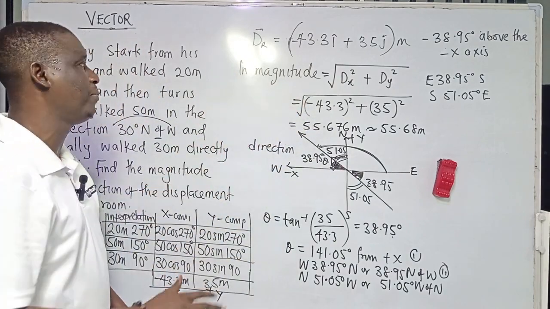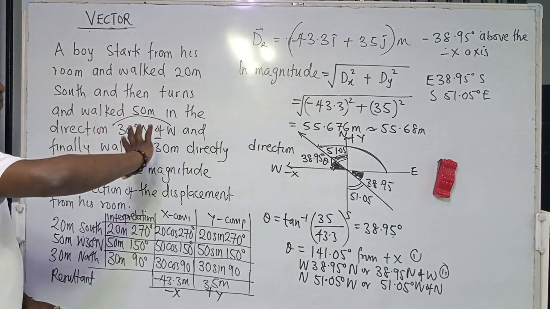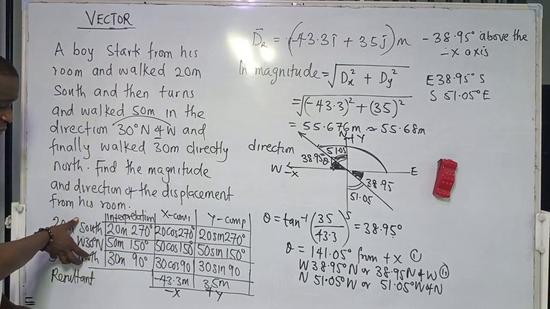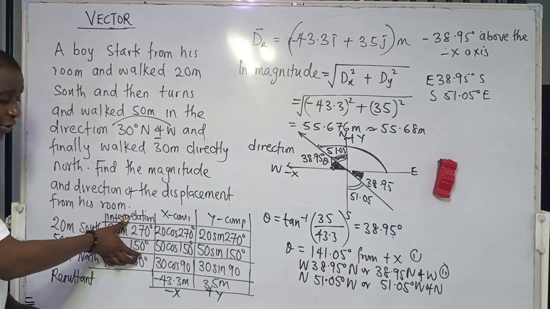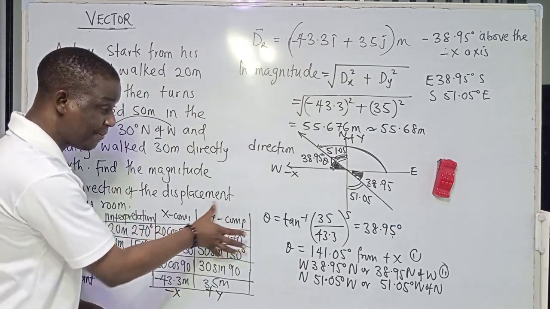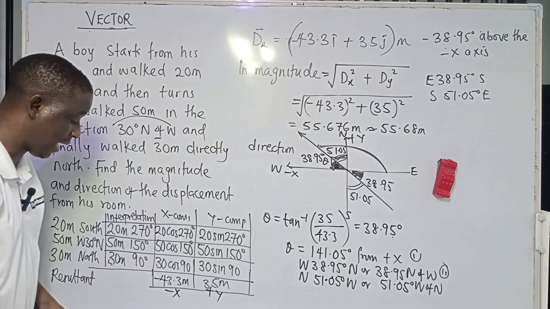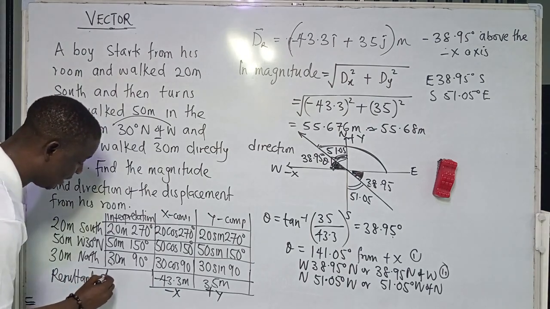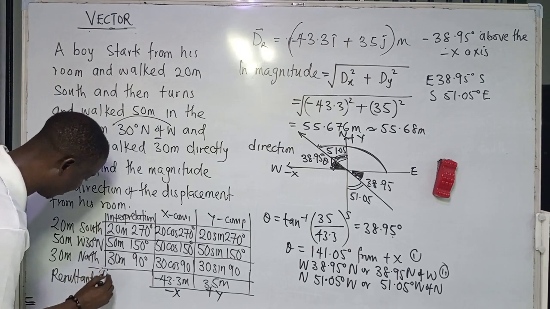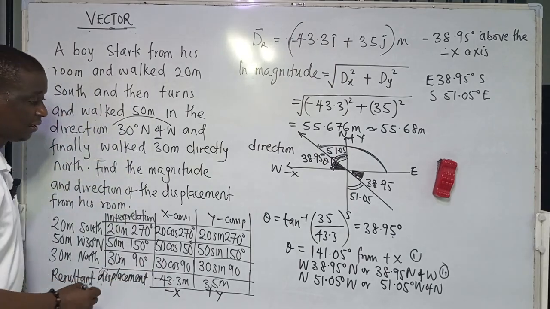So all these are possible answers of direction. Magnitude is never a problem, but the direction. And you see the way we resolve, instead of drawing this diagram in vector and bearing, we have resolved it. The bearing statement is interpreted into polar form. From polar form, we resolve into x and y. From x and y, we get the sum of x and the resolution along y, the resultant displacement along x and y.